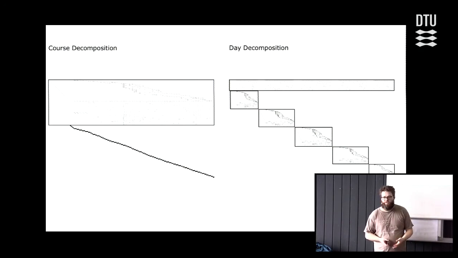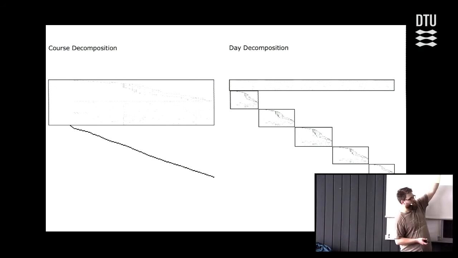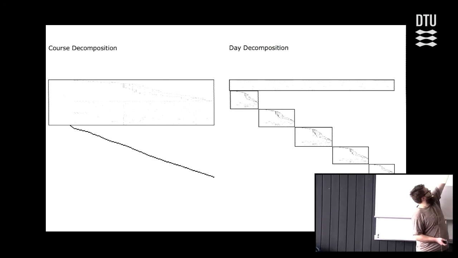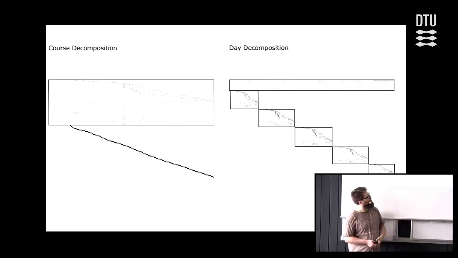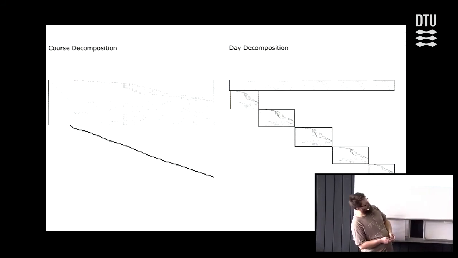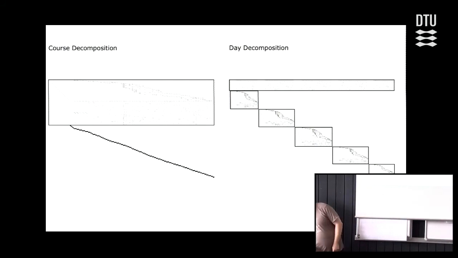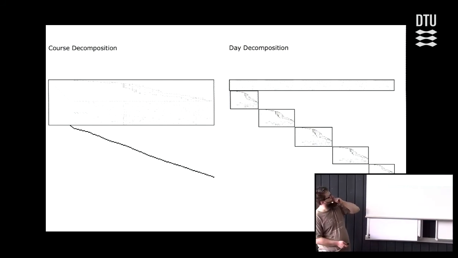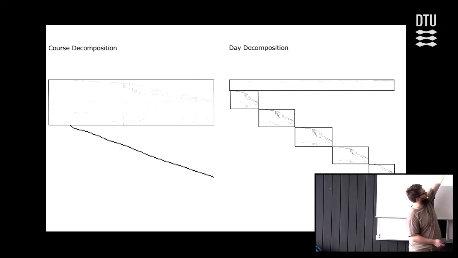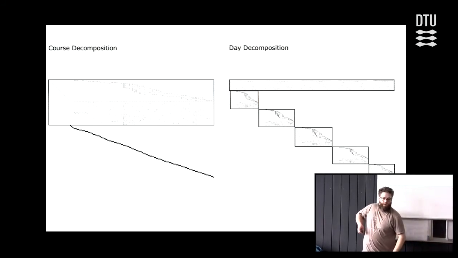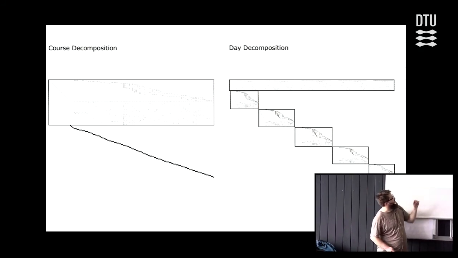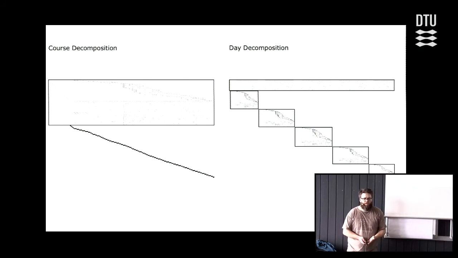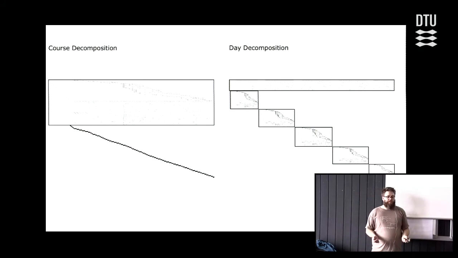And if you look into the literature, what most write is that you want most of your constraints in these block angular structures, because, okay, it's difficult to explain without the figure. Yeah, you want the majority of your constraints down here. This is going to help you most, and we do not have that as much in the course decomposition as in the day decomposition. The problem is, however, the number of variables is extremely large. It's exponentially large. We cannot enumerate them all as we did before.